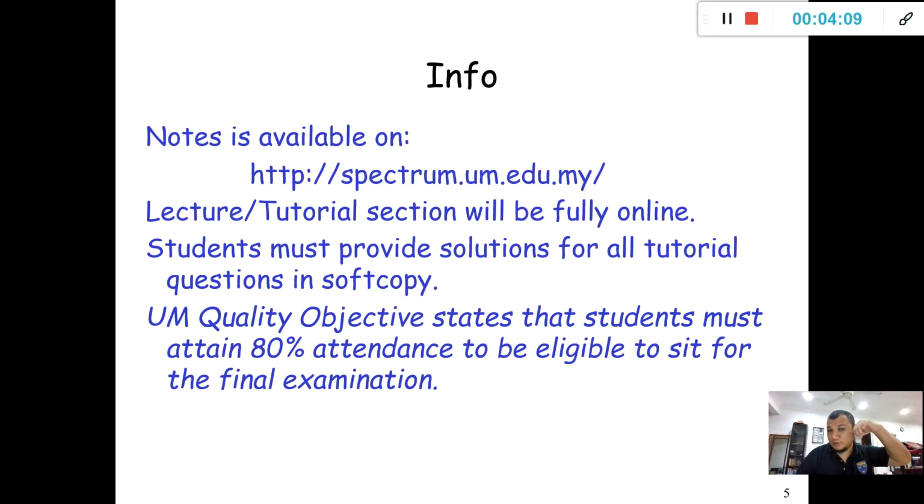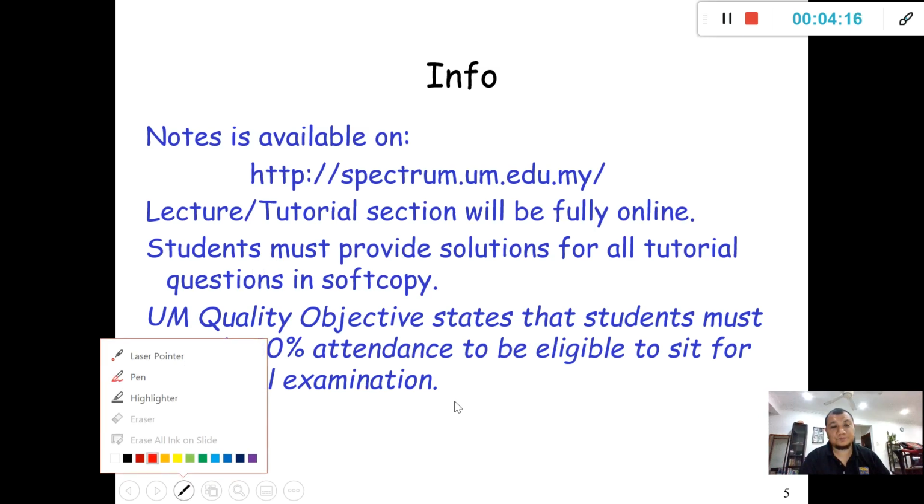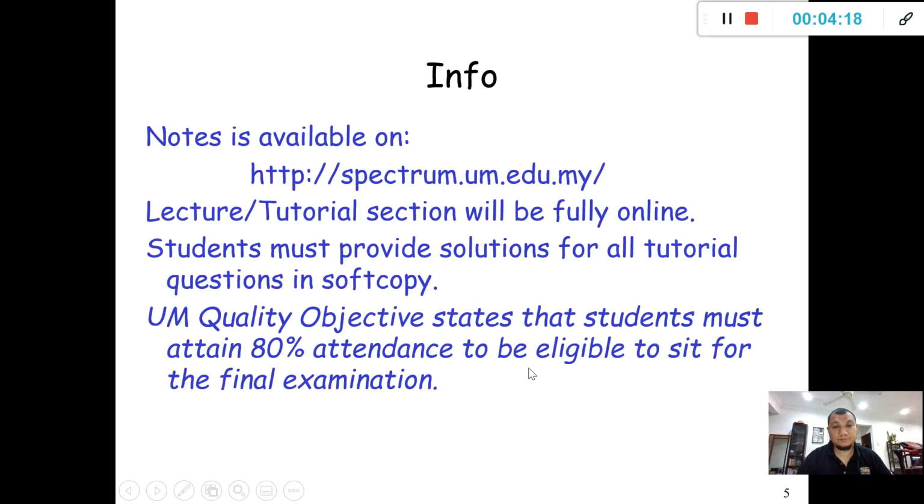The UM quality objective states that students must attain 80% attendance to be eligible to sit for the final examination. I think it is mostly through the QR code or the Google Sheet attendance, but mostly the QR code. I'm not really keen on this, since this is online.